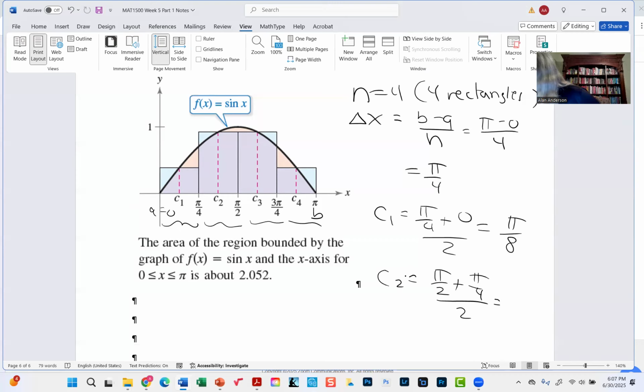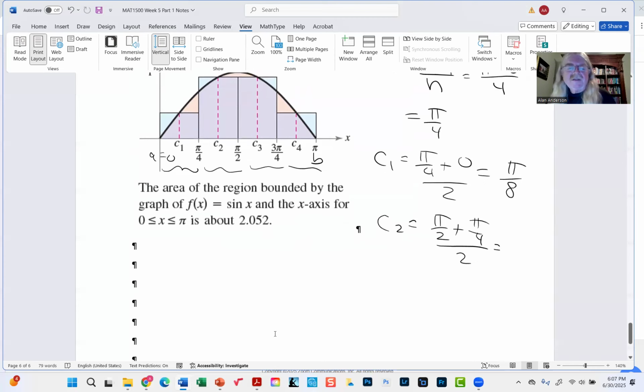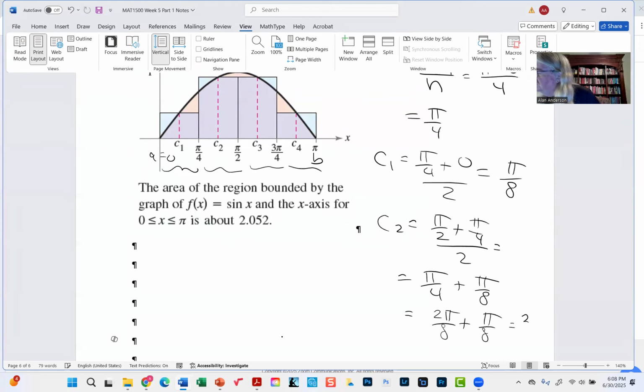No, that's right. Halfway in between the two is pi, whoops, let me make some more space here. All right, well, then that means that c3 is halfway between 3 pi over 4.